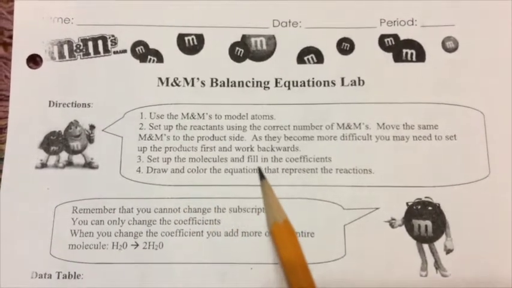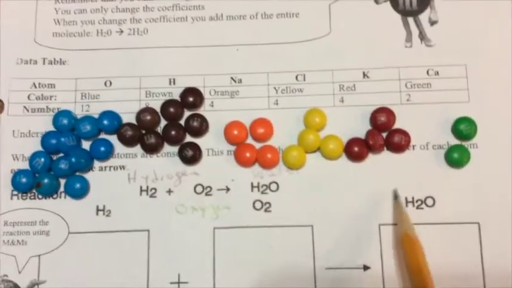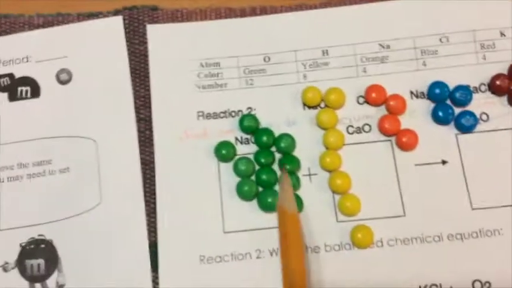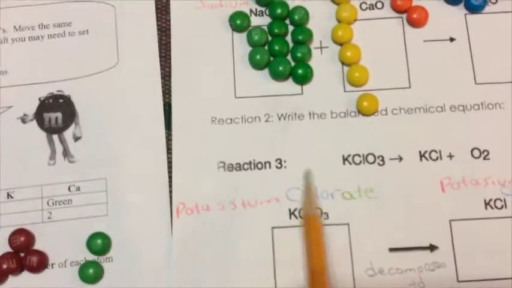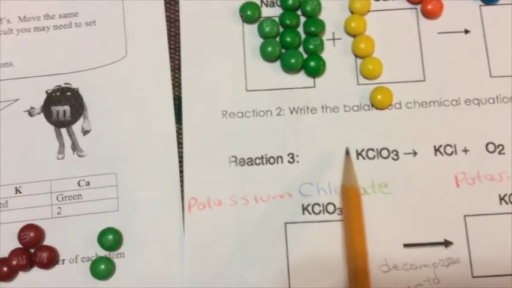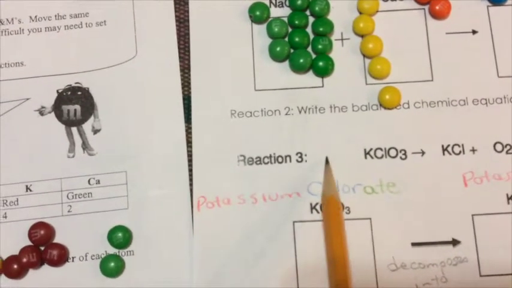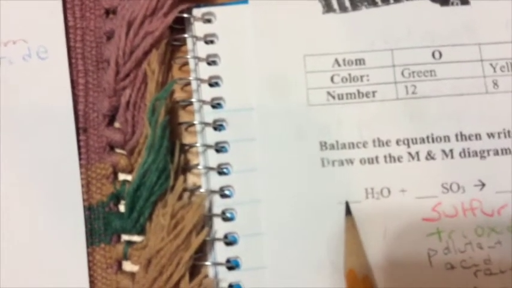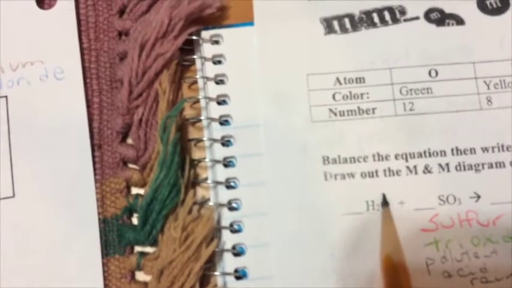Set up the molecules and fill in the coefficients. Remember that the coefficients are the numbers in front of the molecule, the number of molecules that each one is. On the second sheet you got, there's the number of water molecules.